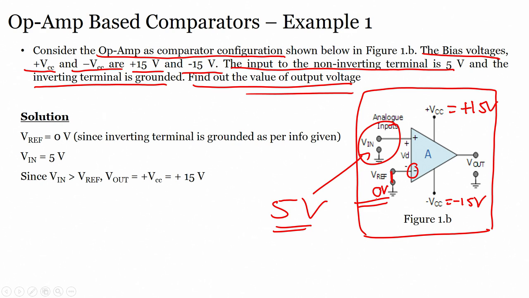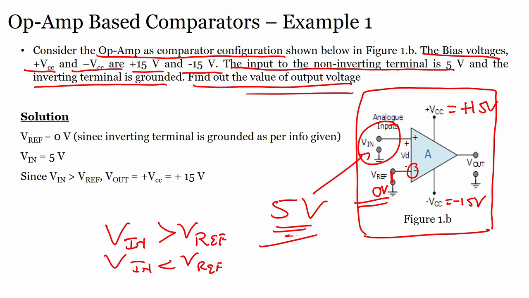We have seen two conditions for a comparator: V in greater than V ref, and V in less than V ref. Here it is 5 volts minus 0 volt. Which is the correct condition? V reference is 0, V in is 5. Which condition is it, the first or the second?